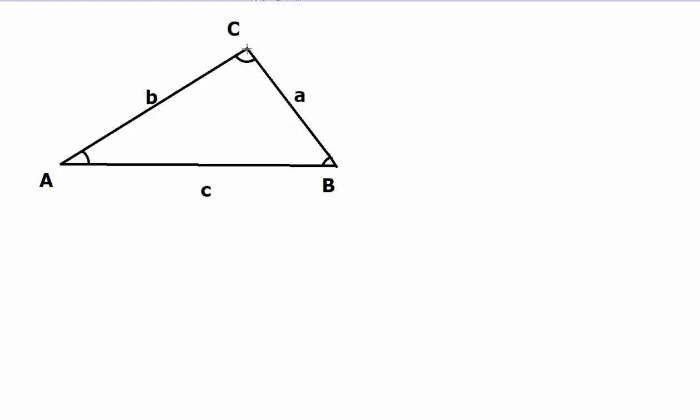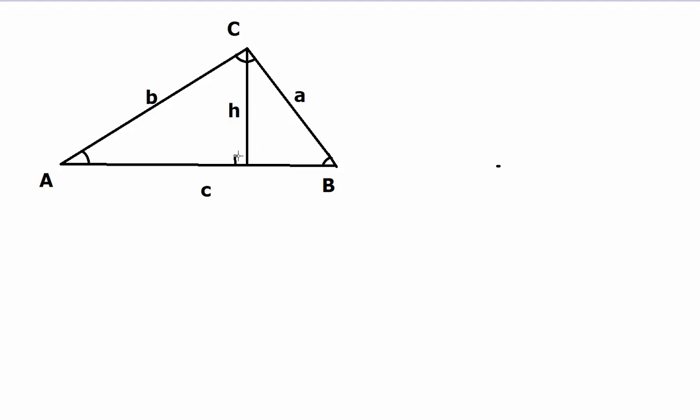Okay, so to do that, let's drop a perpendicular from, say, this vertex to the opposite side, and let's assume that the length of this perpendicular line is h. Now this angle here is a right angle, right?